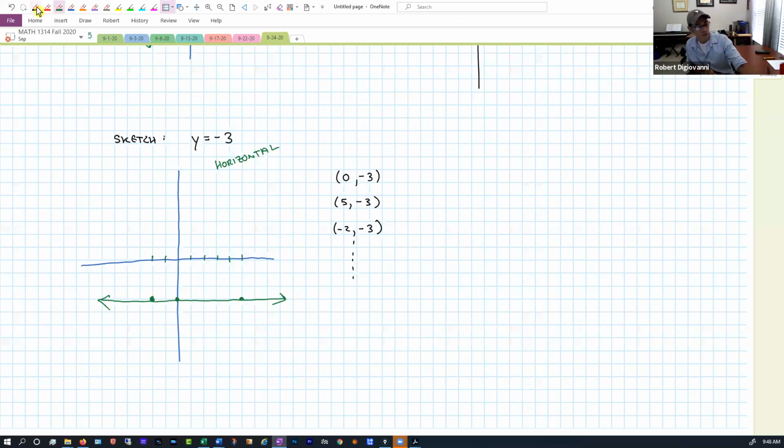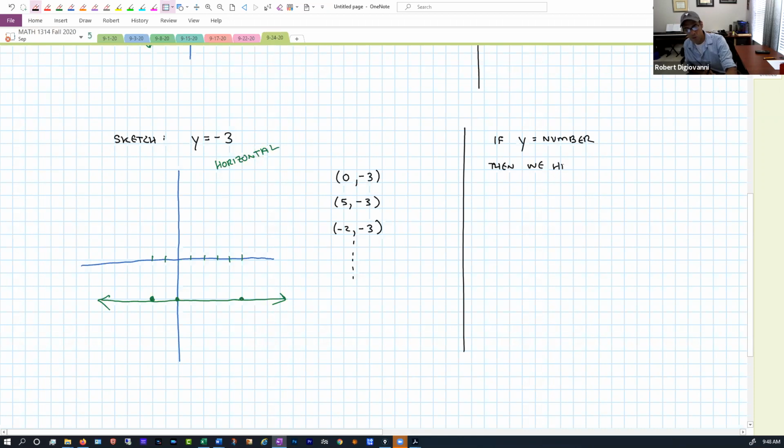So in general, if y equals a number, then we have a horizontal line through y. So you just draw a horizontal line through the actual value.